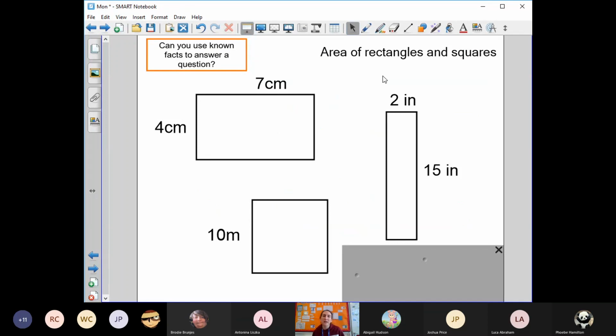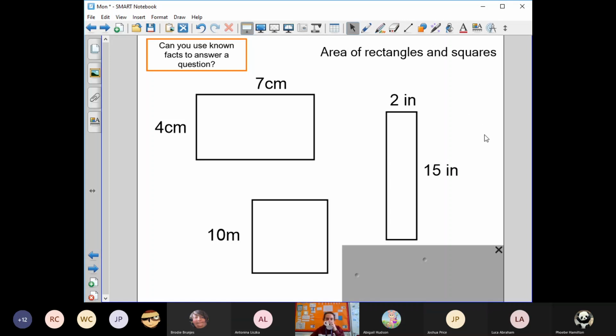Can anybody remind me what we do to find the area of rectangles? What do we have to do to find the area of rectangles? Times whatever. You've said times, which is correct. Good. Length times width.